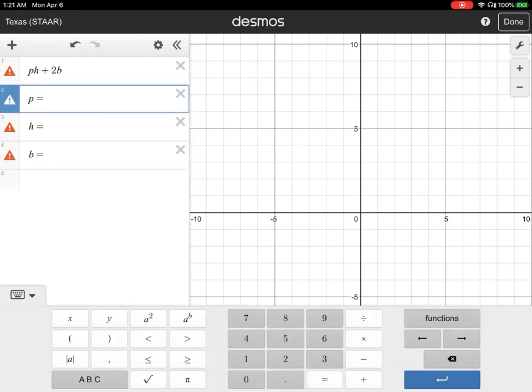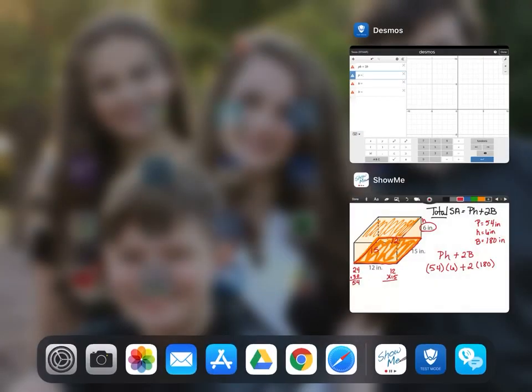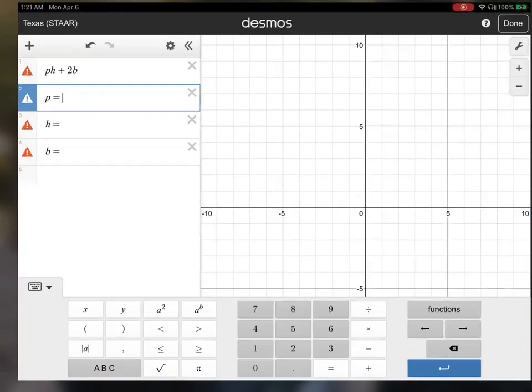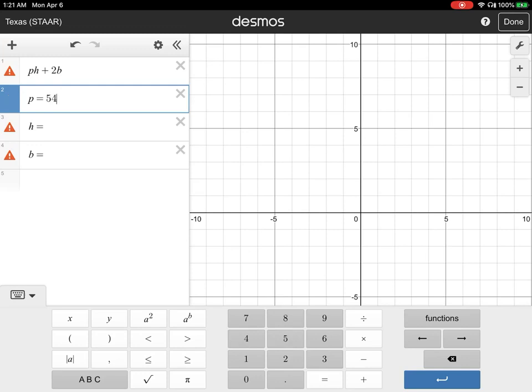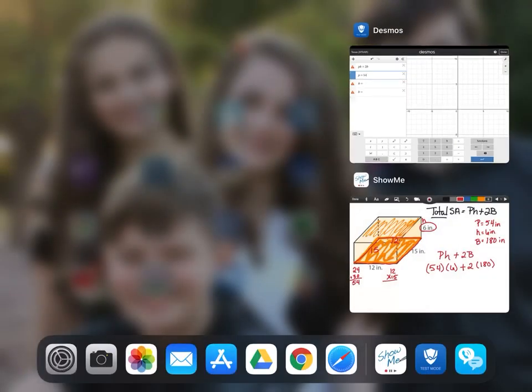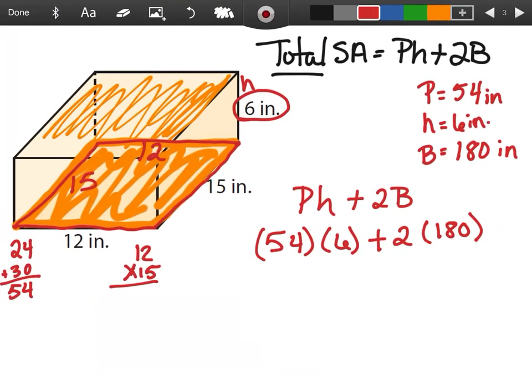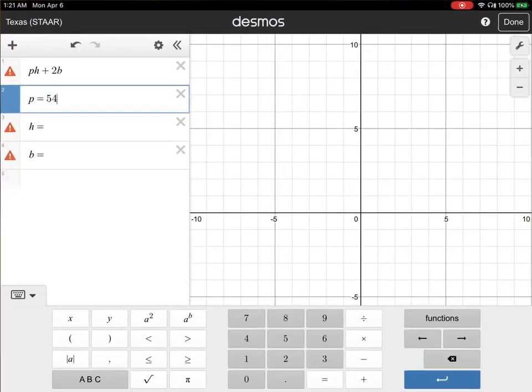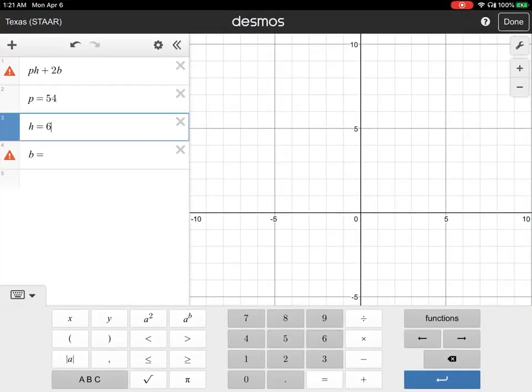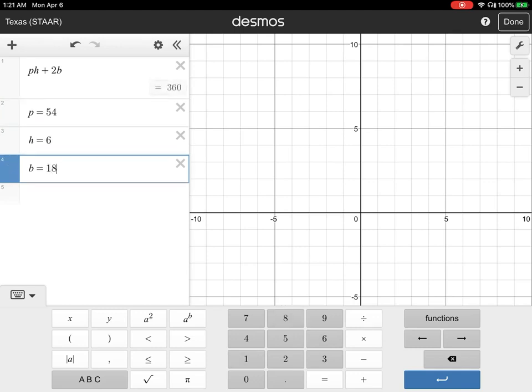So let's go back to our picture. I said P is 54, so P is equal to 54. My H is 6, and my big B is 180. If I look, it gives me my answer, 684.